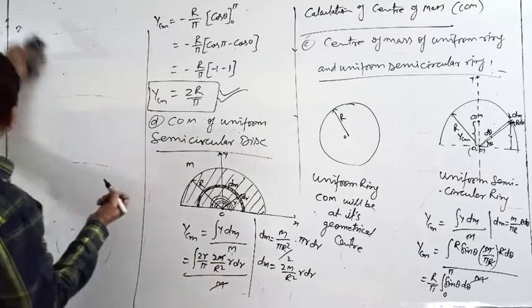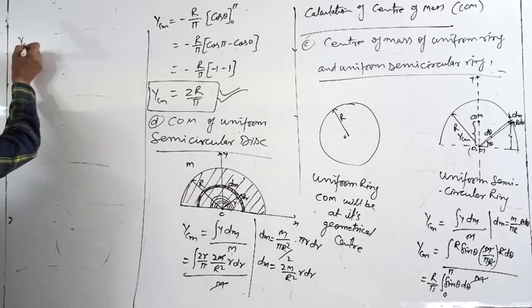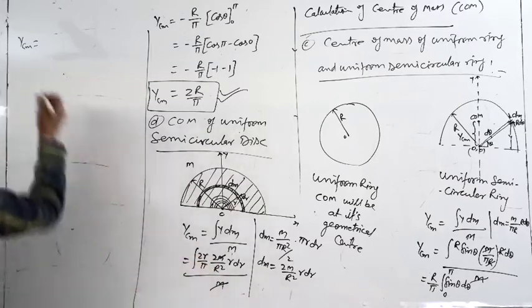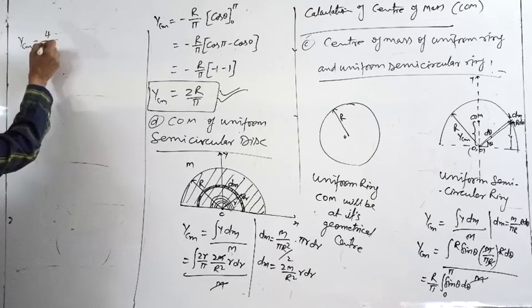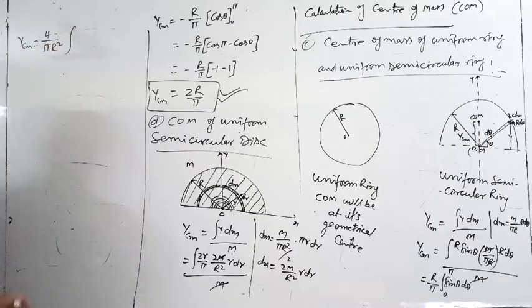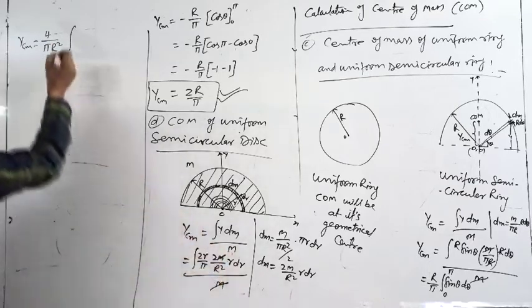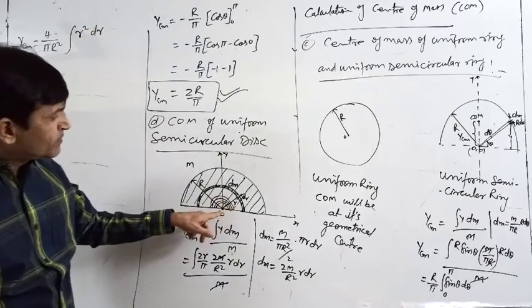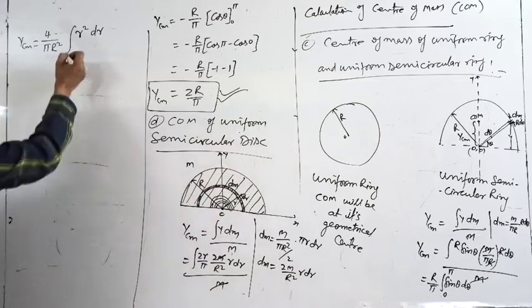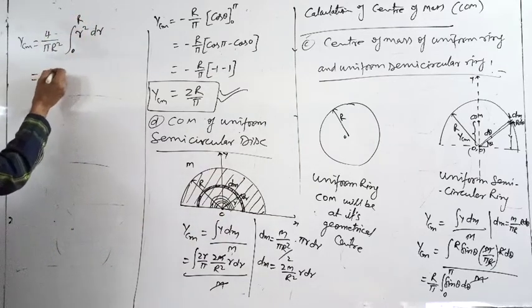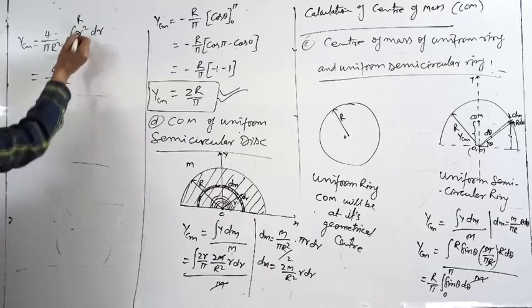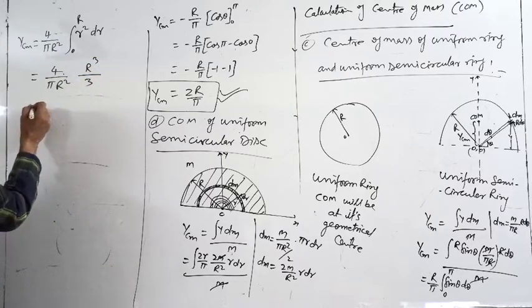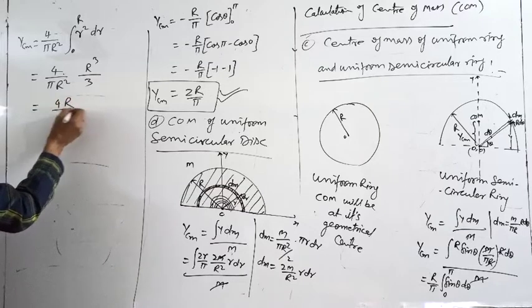Constant term I can take outside. 2 into 2, 4 by pi R square I can take outside. In this, r square dr. Limit of small r, small r changing from 0 to capital R. 4 by pi R square, r cube by 3, so capital R cube by 3. So after solving you will get 4R by 3 pi.